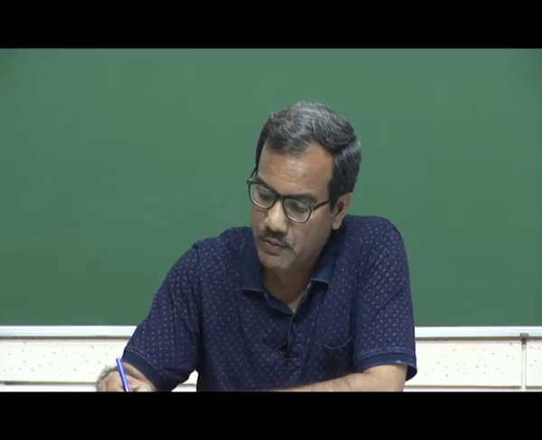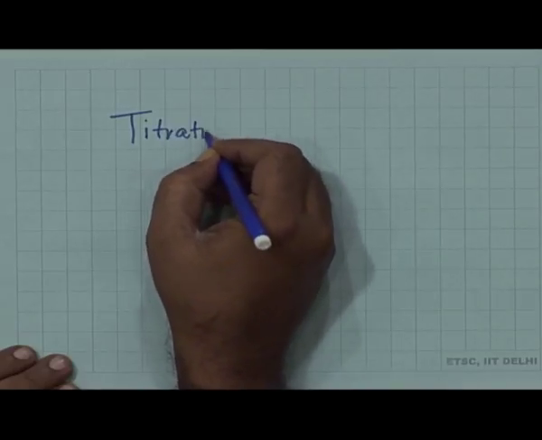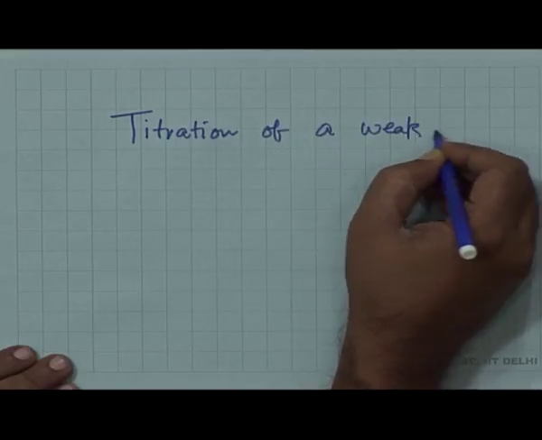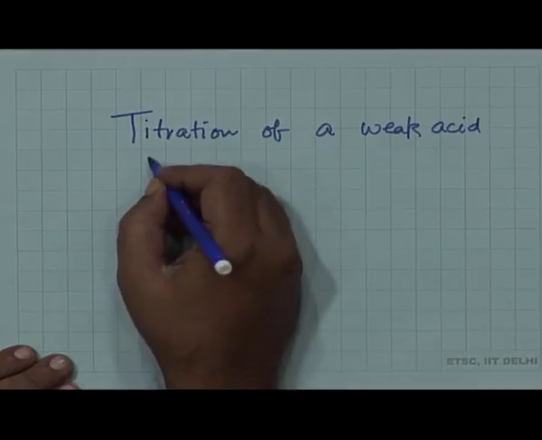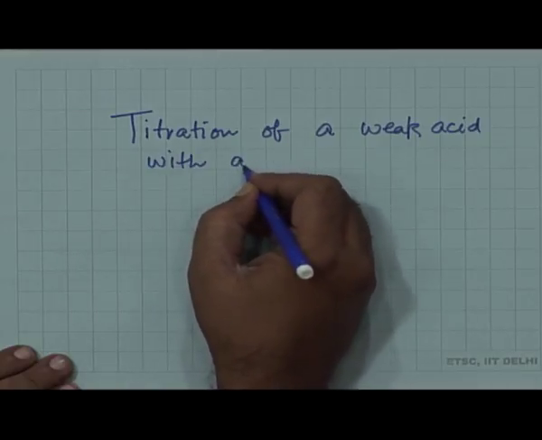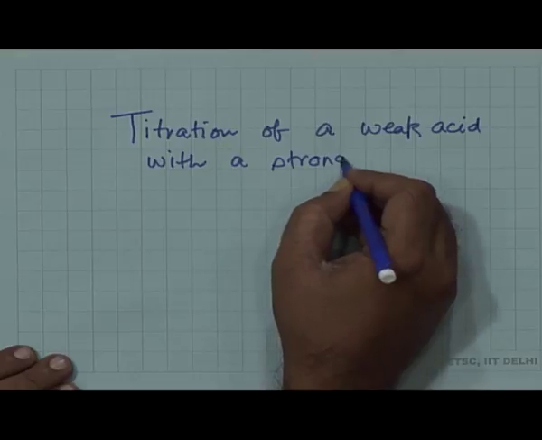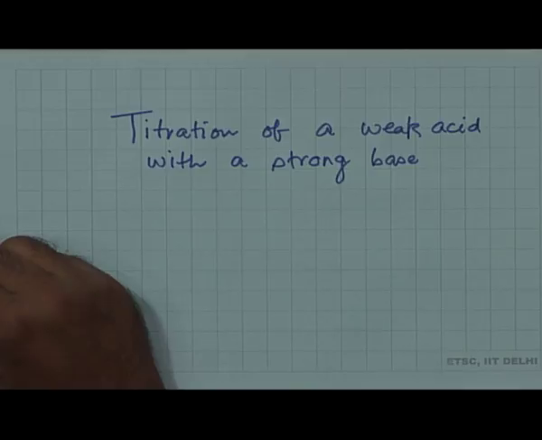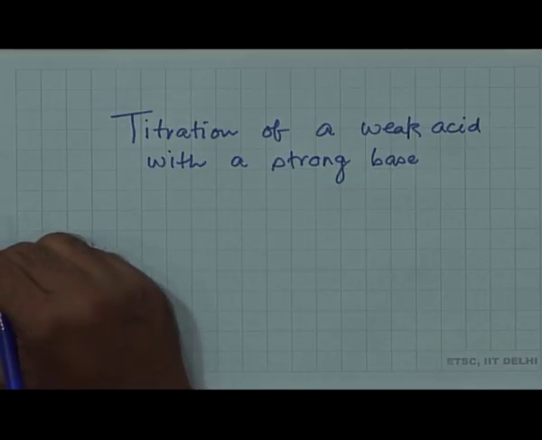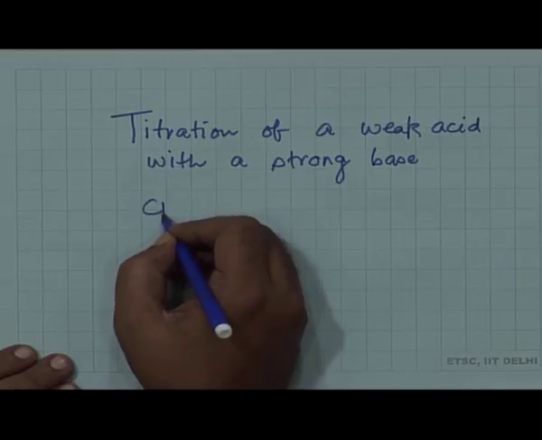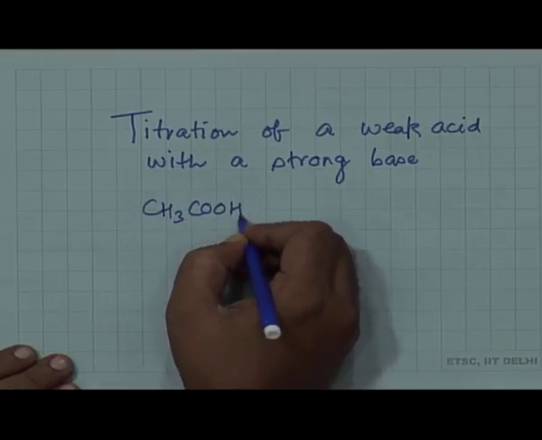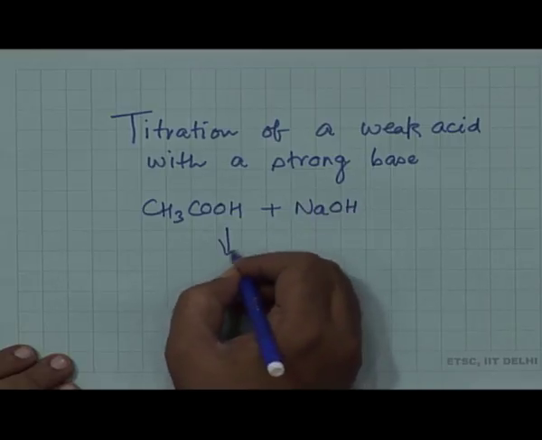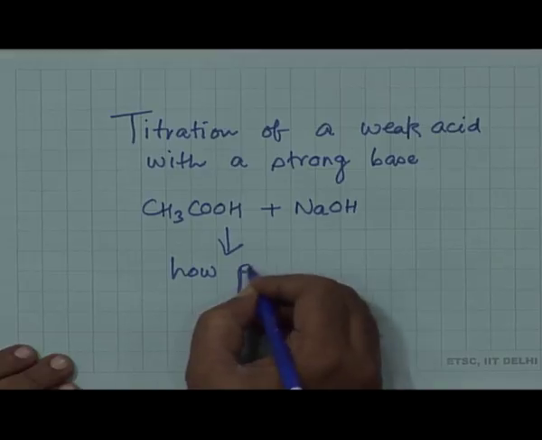So, what we are going to discuss next is titration of a weak acid with a strong base. The weak acid is, suppose, acetic acid, and when we titrate with NaOH, how the pH changes.